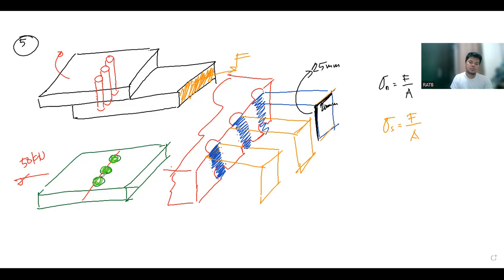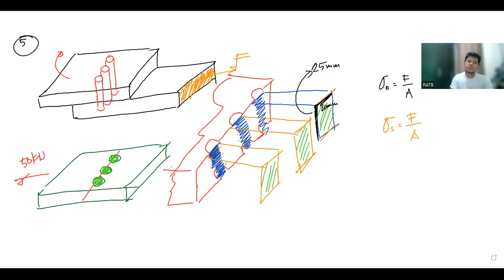But if the bearing stress is asked, that is the projected area of the rivets, making it this area. So this would be three areas.